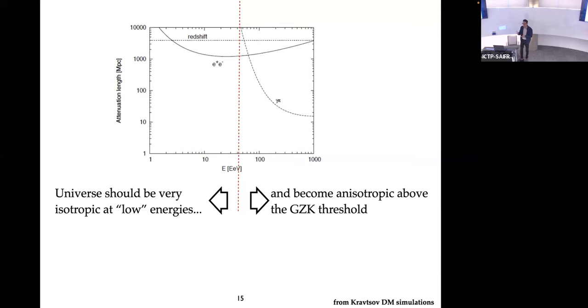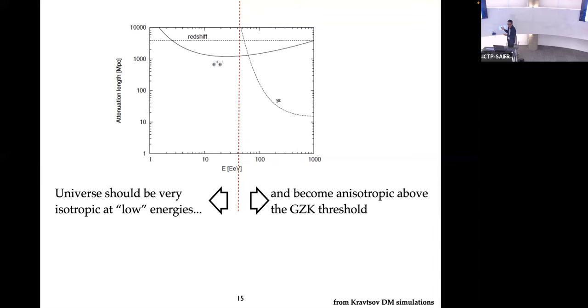And above this energy, we should be collecting cosmic rays from relatively nearby sources. If the sources are cosmologically distributed, above that energy threshold represented by the dotted line, we should be starting to collect contributions from very close by sources.